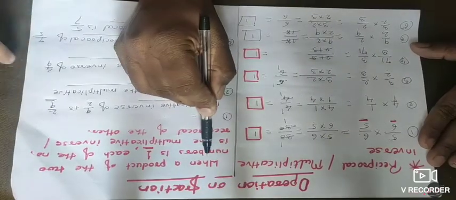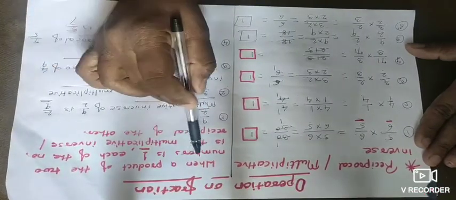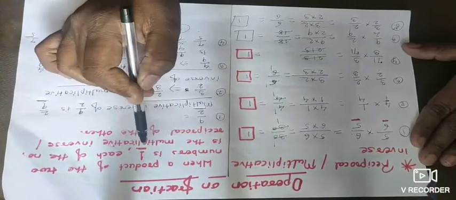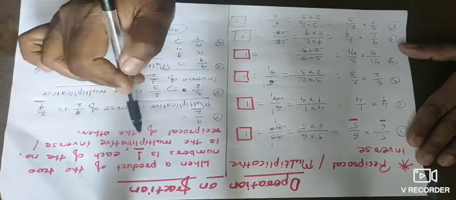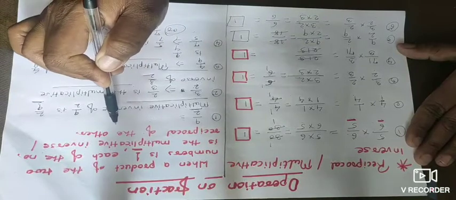Now according to definition, when a product of two numbers is 1, each of the number is the multiplicative inverse or the reciprocal of the other.